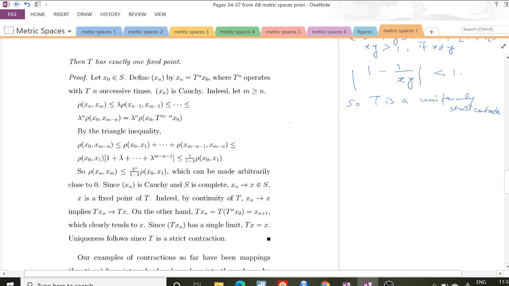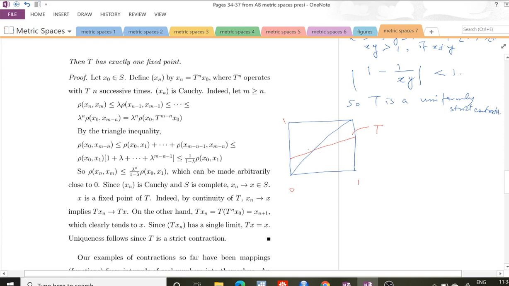So that's my T, or that's my graph of T. And so here's what the proof does.